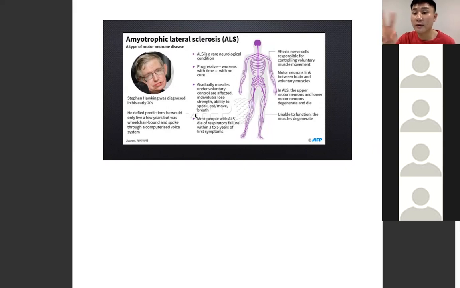And also, please remember, these patients usually only live 2 to 6 years after the diagnosis. Okay. And it's progressive, it worsens over time, with no cure.